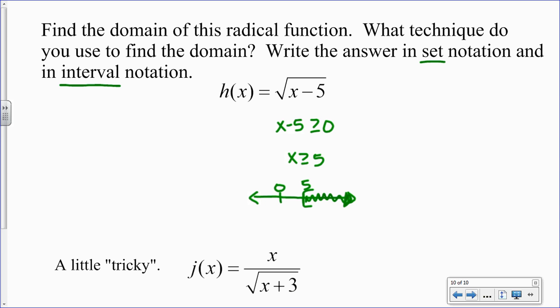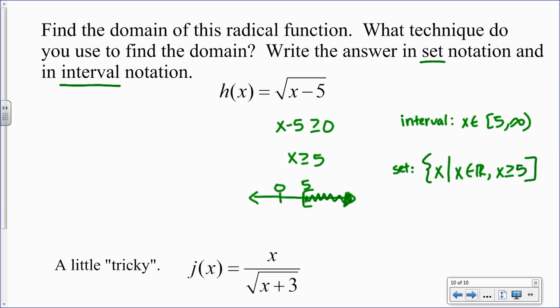Just one. There's only one place that's shaded. And that's 5 to +infinity. Okay. Set notation, again, doesn't change very much. X can be any real number as long as x is greater than or equal to 5. Oh, sorry. I need another brace there.